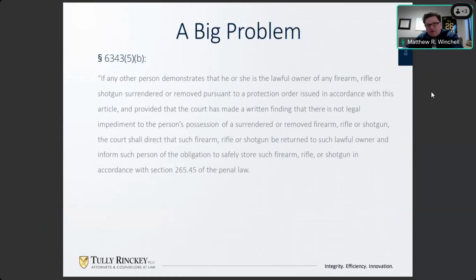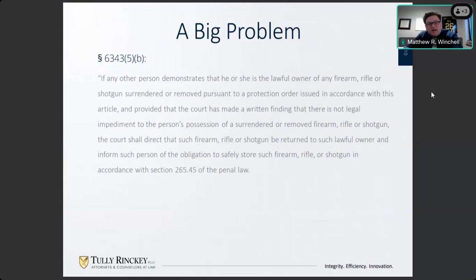They put a temporary extreme risk protection order on the grandson. And because the grandson lived with my client, the police went into his house, seized all of my client's weapons. I think he had about 25 of them, a mixture of rifles, shotguns, and pistols. And they took my client's guns.